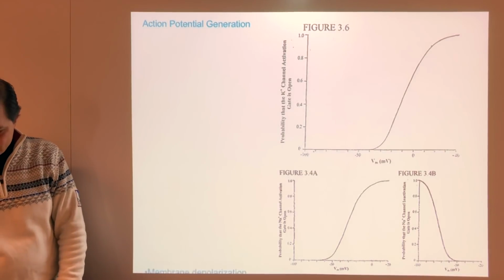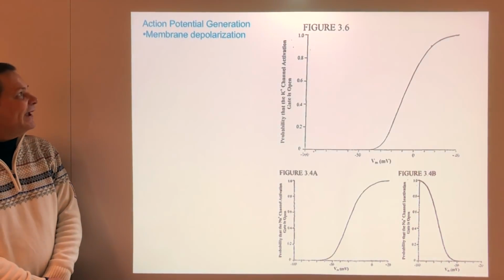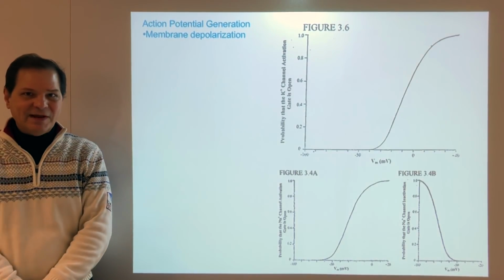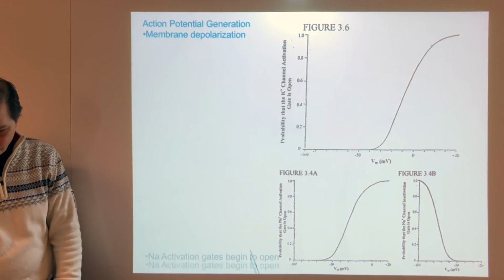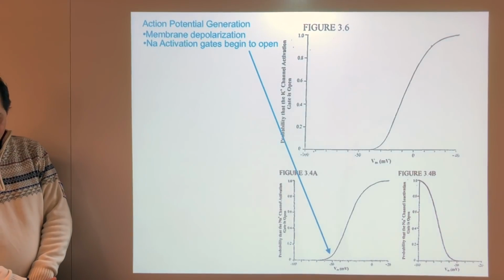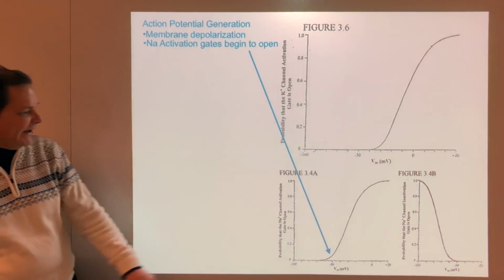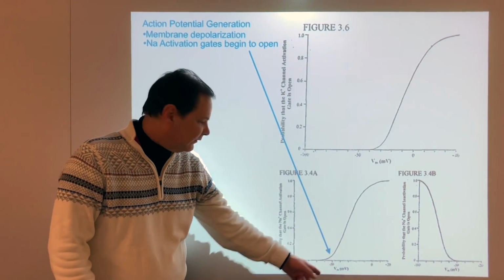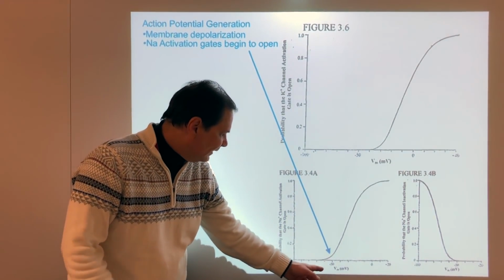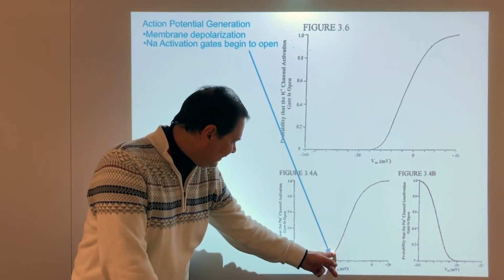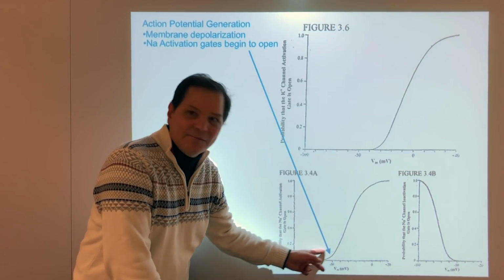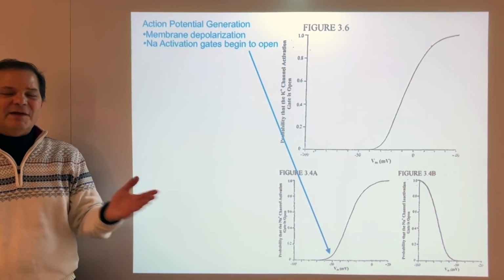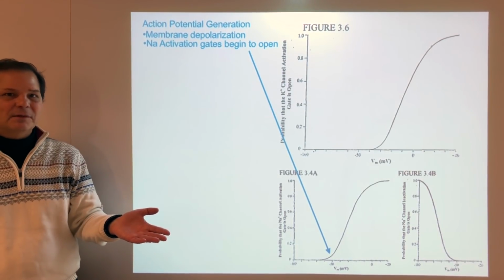So how is an action potential generated? We have a membrane depolarization caused by something that we'll get to in the synapses lecture, okay? And the sodium activation gates begin to open due to that depolarization. So if I quickly depolarize the membrane to minus 50, then I'll get maybe 10% of my channels that will suddenly flip open. My activation gates in 10% of the channels will suddenly flip open, okay?